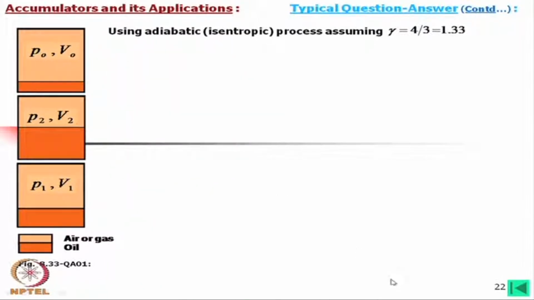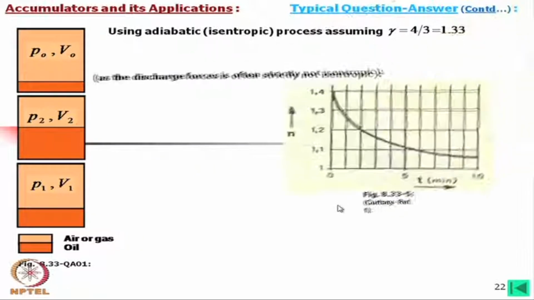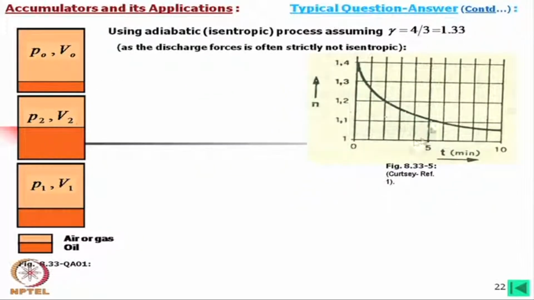Now, this calculation we have shown for isothermal. Now, we are considering that this is not exactly adiabatic, but isentropic, and we have assumed this value is 4 by 3, that is 1.33. According to the time of change, looking into the graph, it is about half a second.